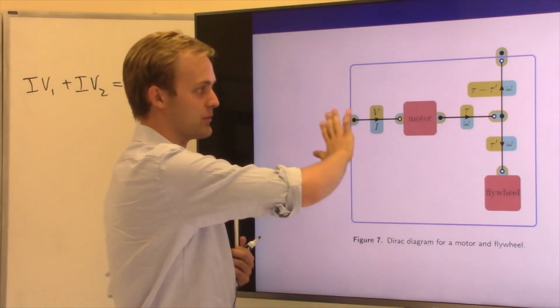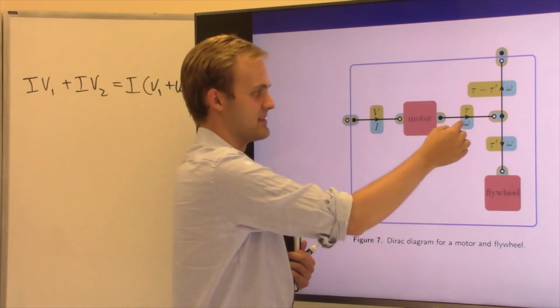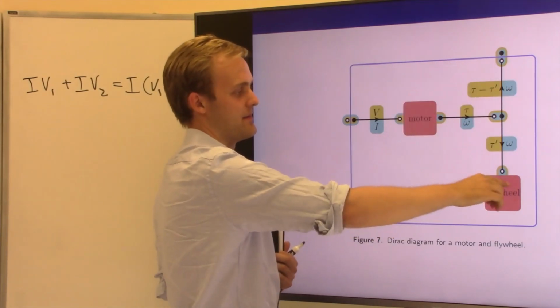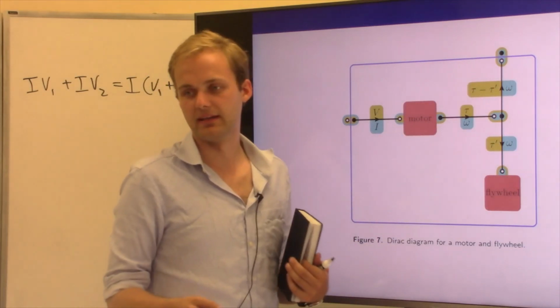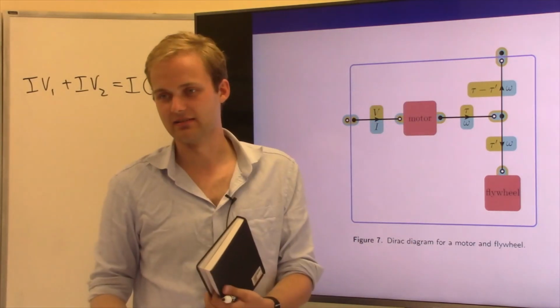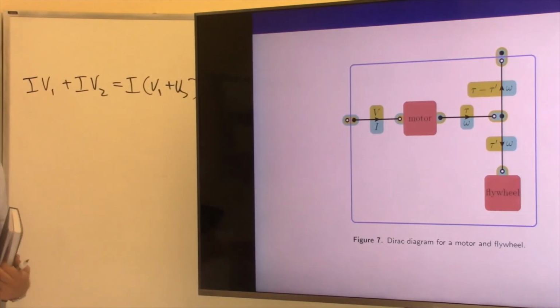You could completely lose the diagram and just have these labelings, because this is saying that all of these are the same and then the torques add up. But the labelings are meant to help you understand the diagram. Okay. That make sense?